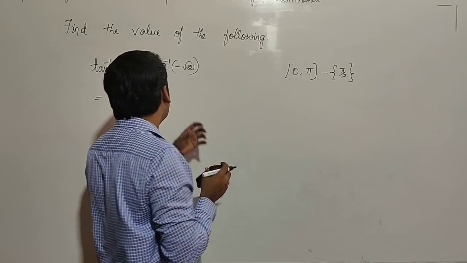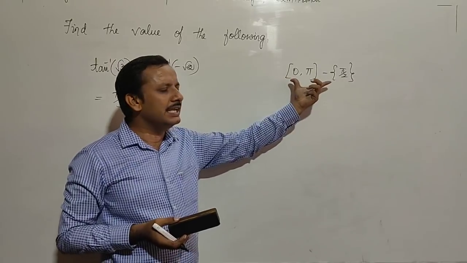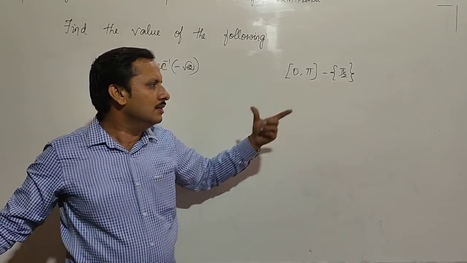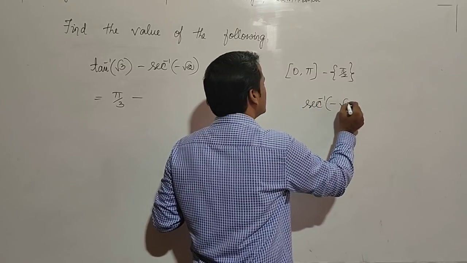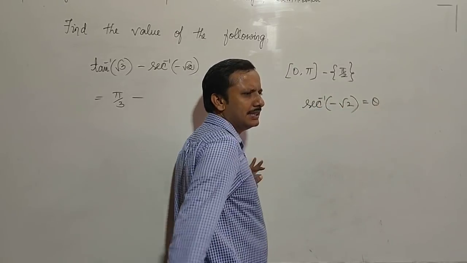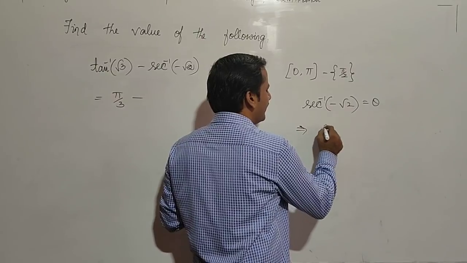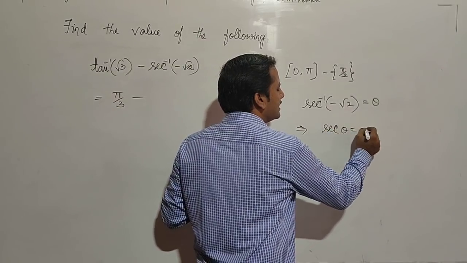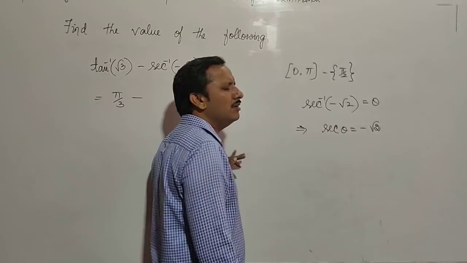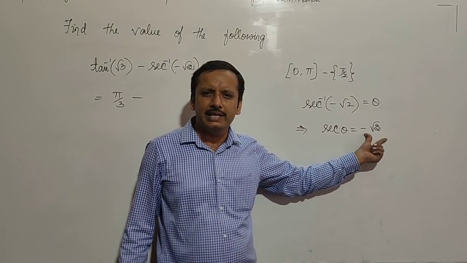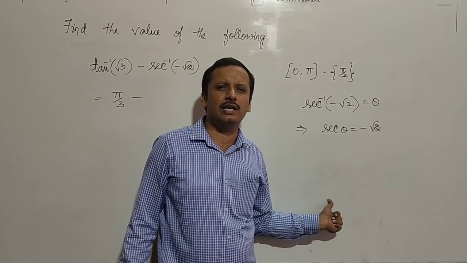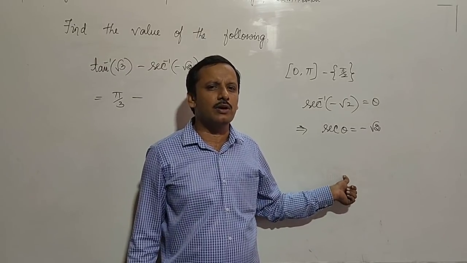So for this, I have to choose one angle in this interval. So I will take secant inverse of minus root 2 to be equal to theta. By definition, this will imply that secant theta is equal to minus root 2. Secant theta is negative, which means either it is in the second quadrant or in the third quadrant.